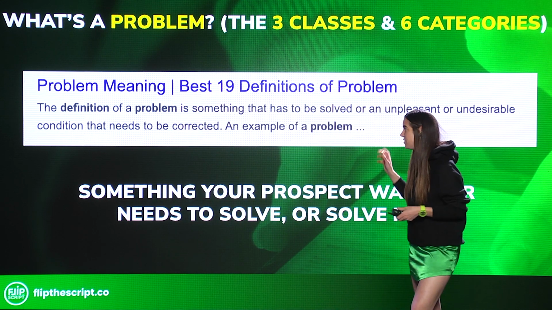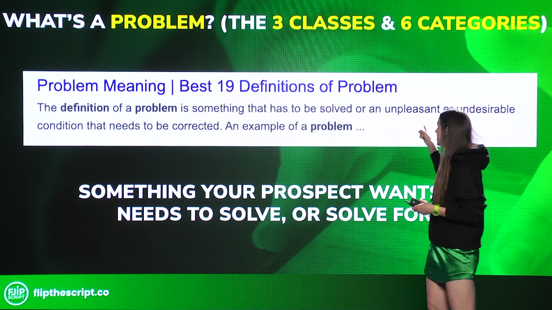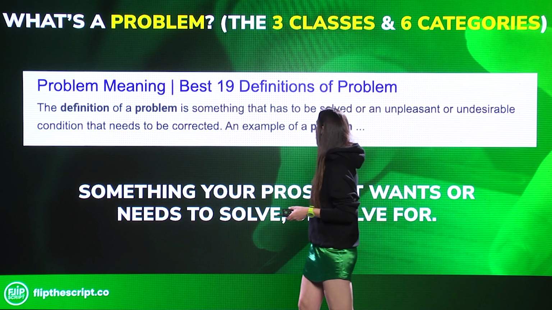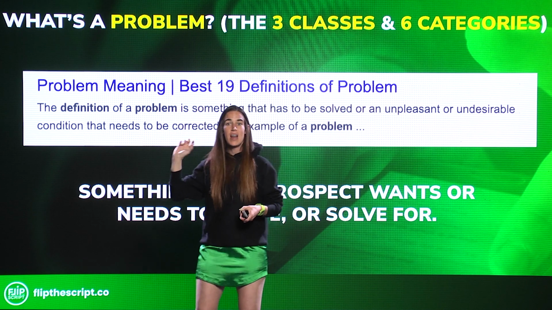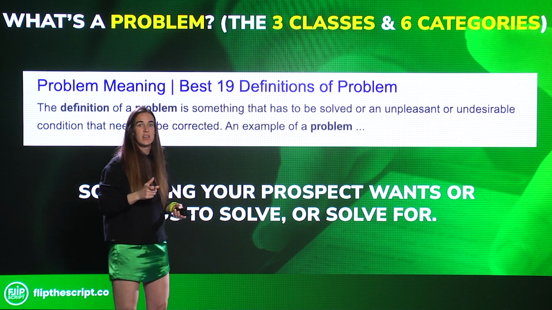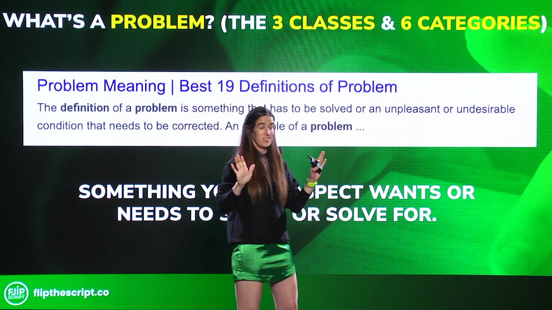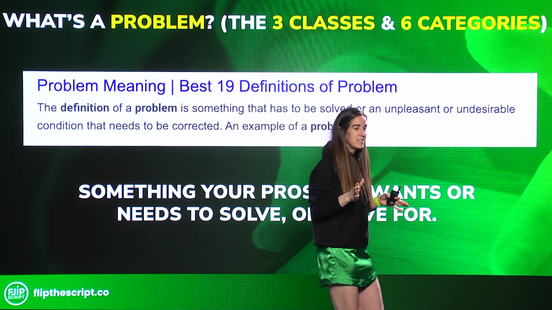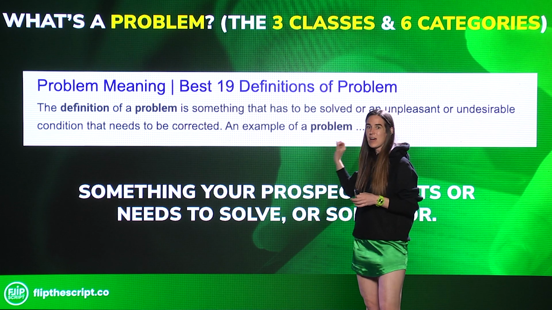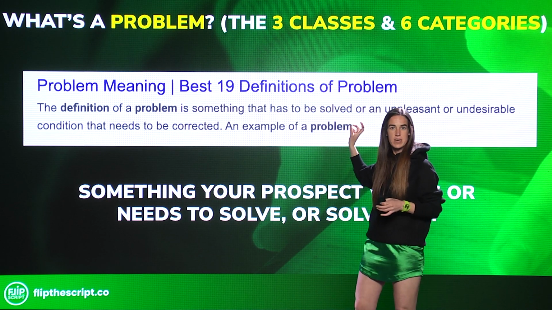So the definition is here. A problem is something that has to be solved, or an unpleasant or undesirable condition that needs to be corrected. There are 2 definitions. So typically within selling, we're always thinking about the latter, the unpleasant or undesirable conditions.